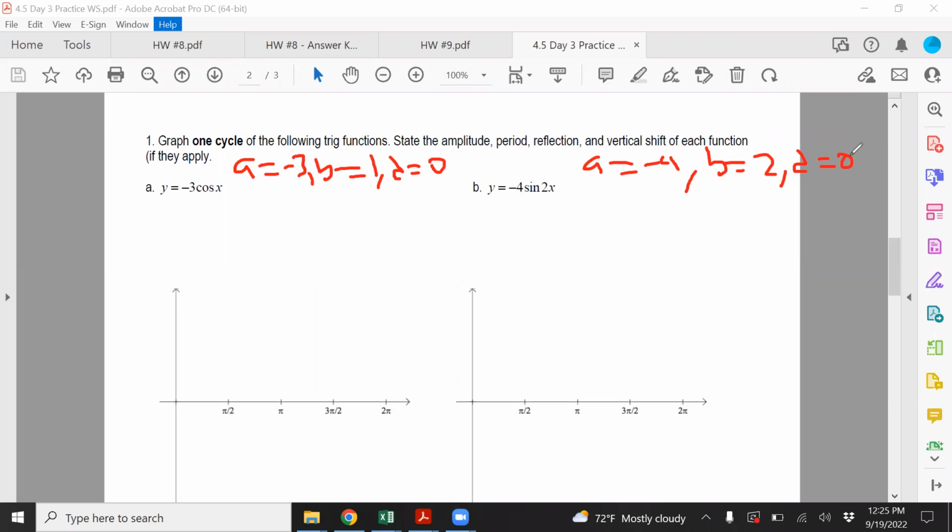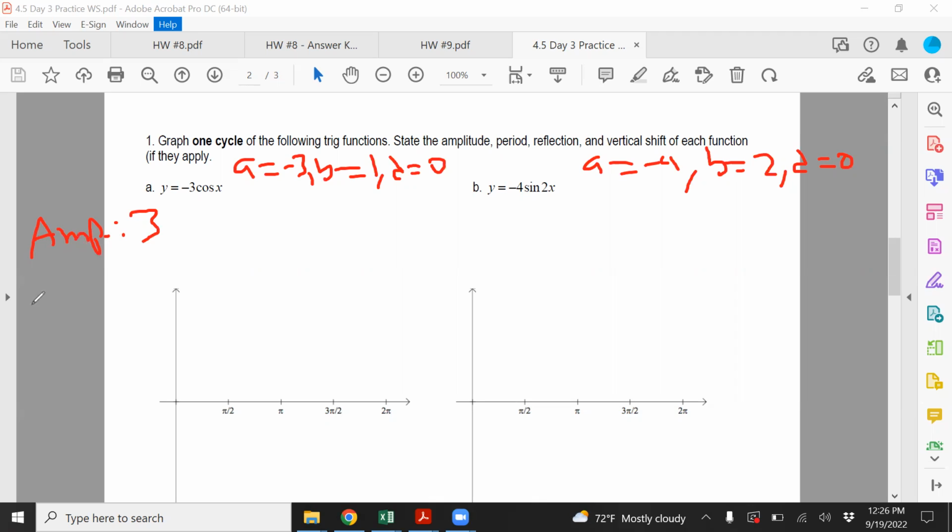As a good practice, I would identify A, B, and D before you get to graphing. Just get that out of the way. There's no D value, so we don't have to worry about it. A equals -3, so the amplitude is 3, since the amplitude is always going to be positive.